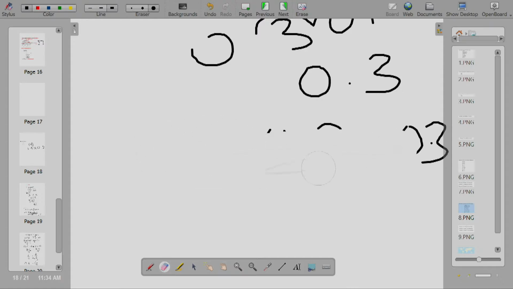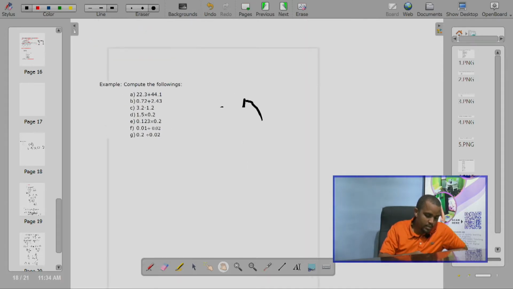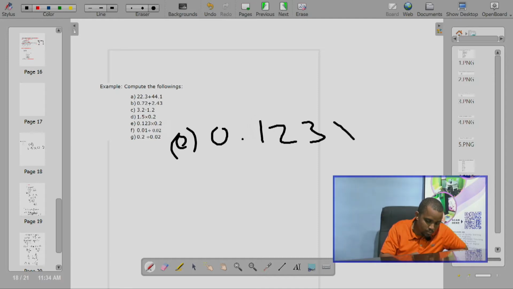Also, let's move to Roman E, which requires us to multiply 0.123 by 0.2.